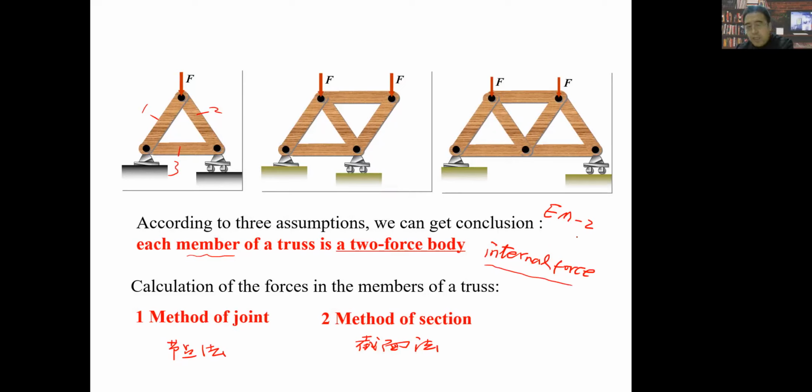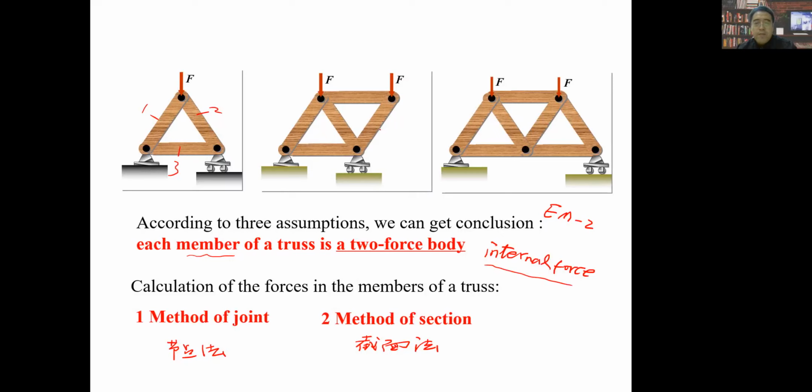In that course, in Chinese we call it 材料力学. We'll talk about a lot of different kinds of internal forces. Here we just talk about a very, very simple one, because all the members of a truss are two-force bodies. So you guys, please follow me.